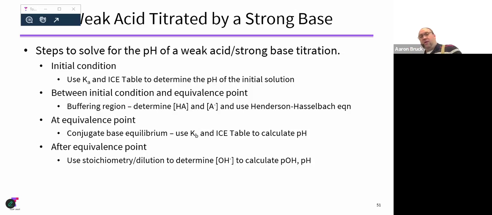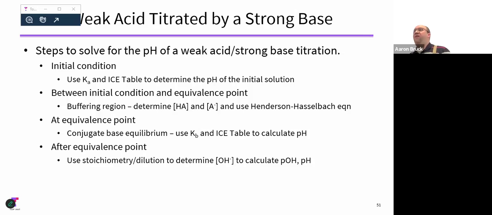After the equivalence point, zone 4, this is actually the easiest one. Since after the equivalence point raw hydroxide is now in the solution, all I need to do is figure out what the hydroxide concentration is and use that to figure out the pOH, which I can then find the pH from.